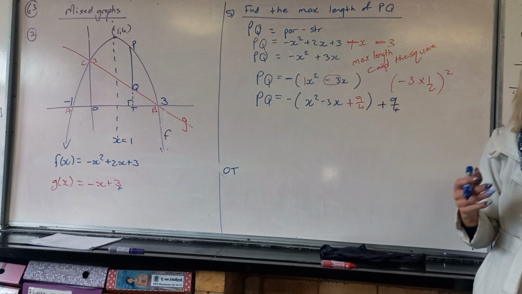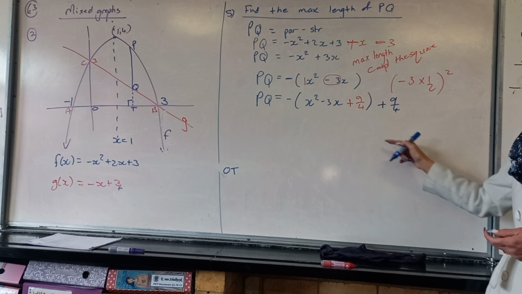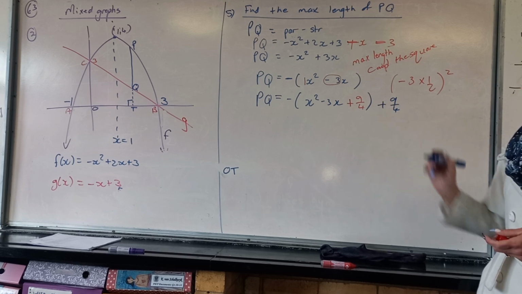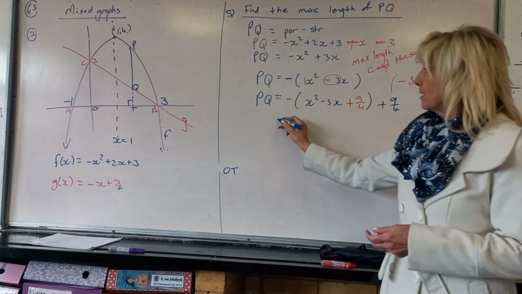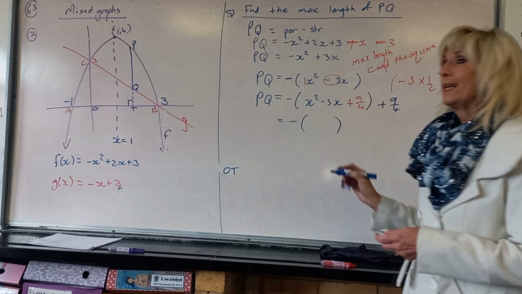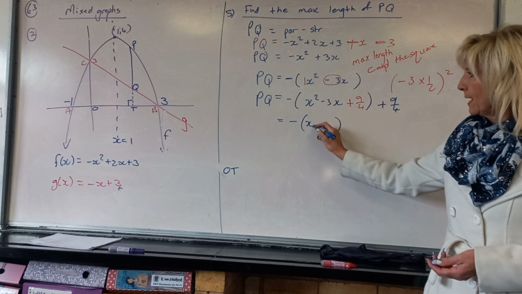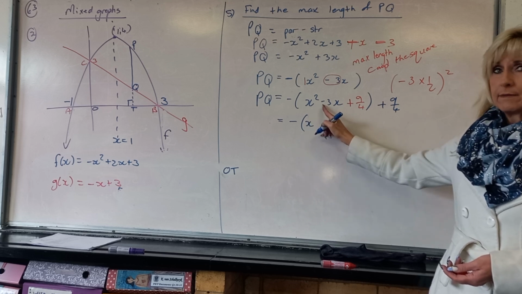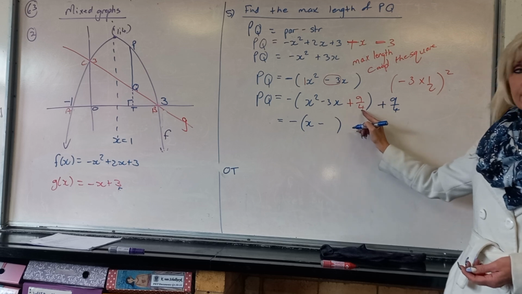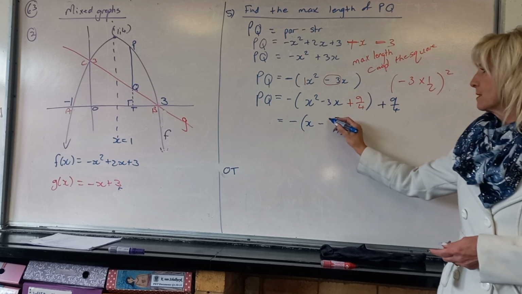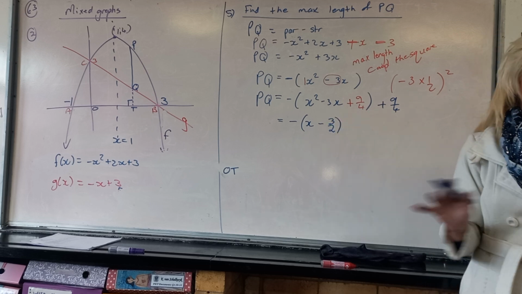But remember, we're trying to find a maximum. So we need to find the value here at the end after the completing of the square. So the minus is going to stay a minus. Now let's complete the square. Square root is x. The sign is negative. Square root is 3 over 2. That's the steps.